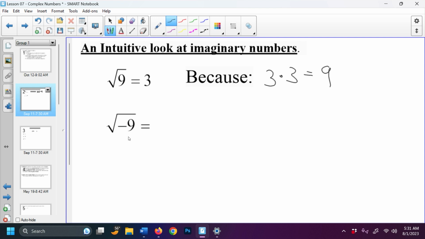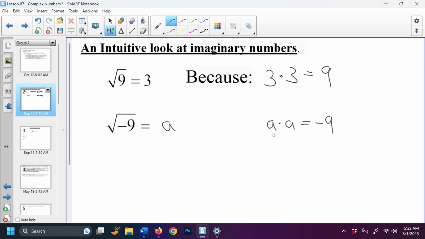Now, if we use the same logic with the square root of negative 9, we run into a little bit of a problem. Just for a placeholder, let's say that the square root of negative 9 is a. And if we use this same logic, a times a would have to equal negative 9.